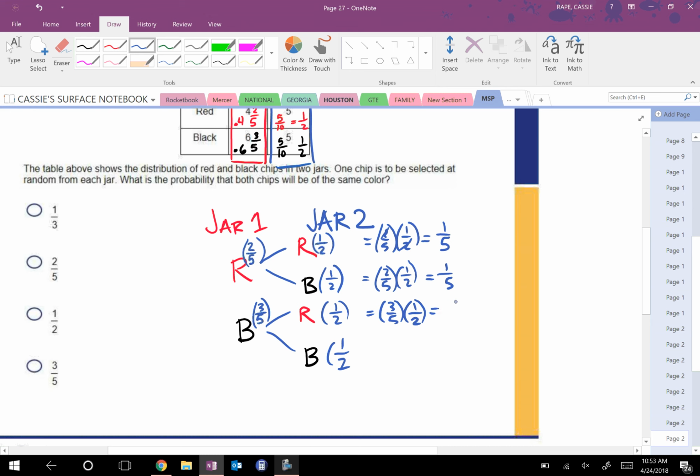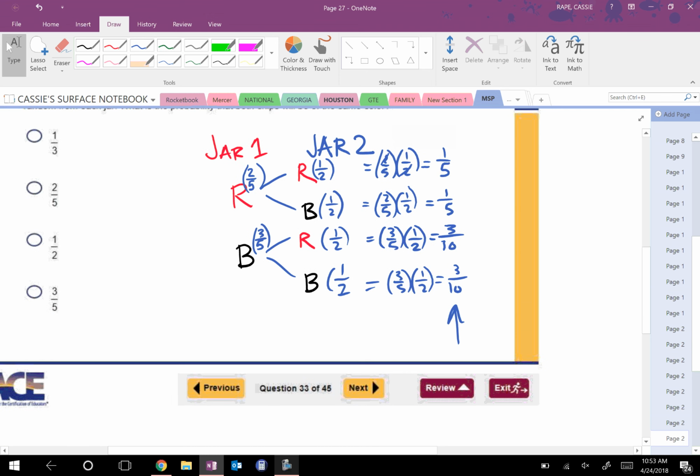And the probability of a black and a black is 3/5 times 1/2 as well. Keep in mind, this should add up to 1. So this is 1/5, but I'm going to say 2/10 plus another 2/10, which is 4/10, then 5, 6, 7, 8, 9, 10/10 is what those add up to. So I know that I did the math right.